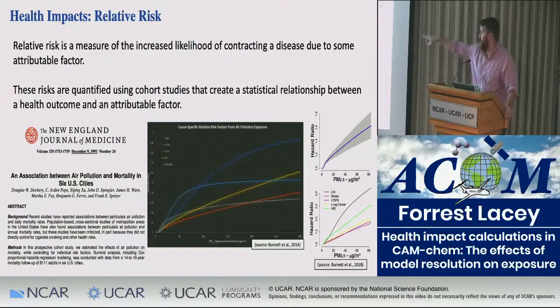The GEMS paper here actually includes some of the cohort studies from China as well. So this is the latest hazard ratio that they've developed, and that includes China-specific cohort studies. So we are starting to get that information now that they've basically been evaluating air quality for the last 8 to 10 years. They can develop these cohort studies.